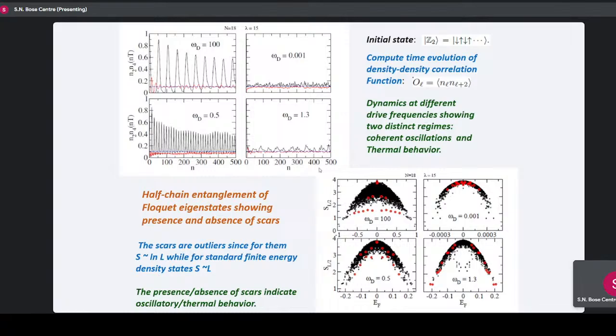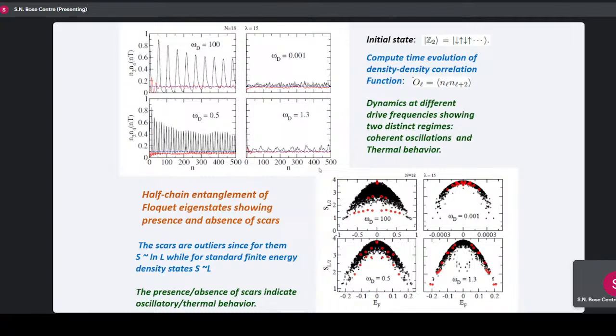Also, if we look at the half-chain entanglement entropy of this Floquet eigenstate, that is, if you take an eigenstate, construct a density matrix, integrate out half the system, and then look at the entanglement of this, one finds that at this high drive frequency, there is a band of outlier states which has low entanglement, and these are the scars.